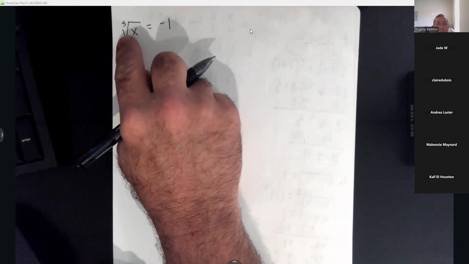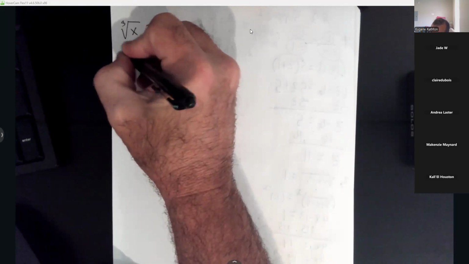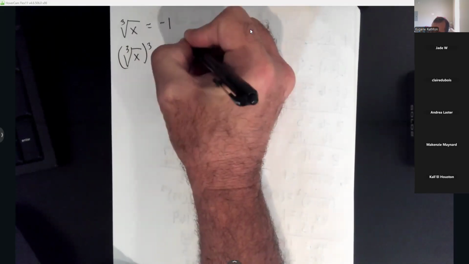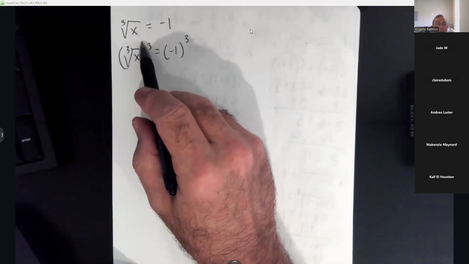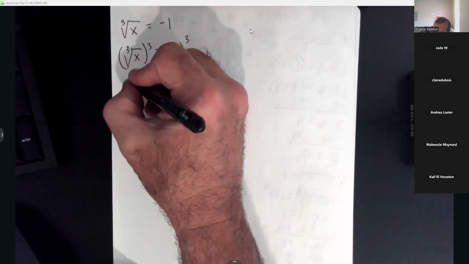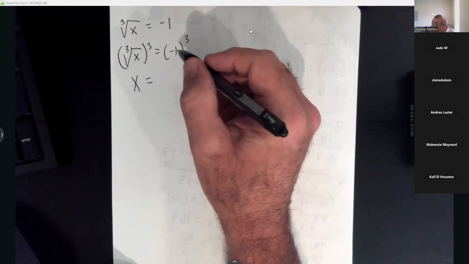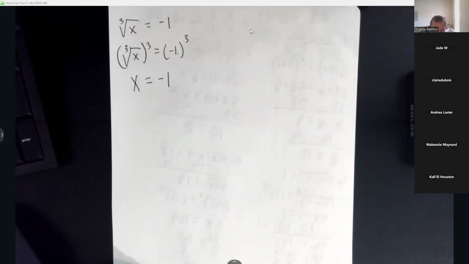So to get rid of that cube root, we're going to raise each side to the third power. And that's going to equal -1 to the third power. So y'all, this side, they cancel, right? The cube root cancels with the exponent, leaving my x. -1 times -1 times -1 is a -1.